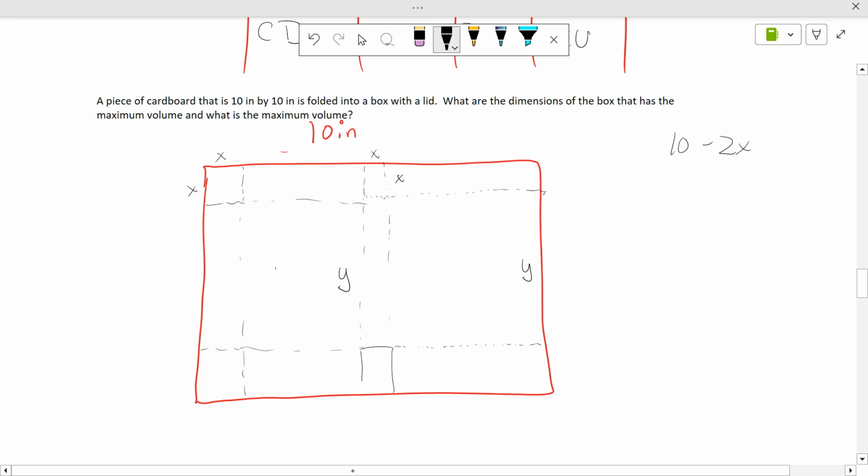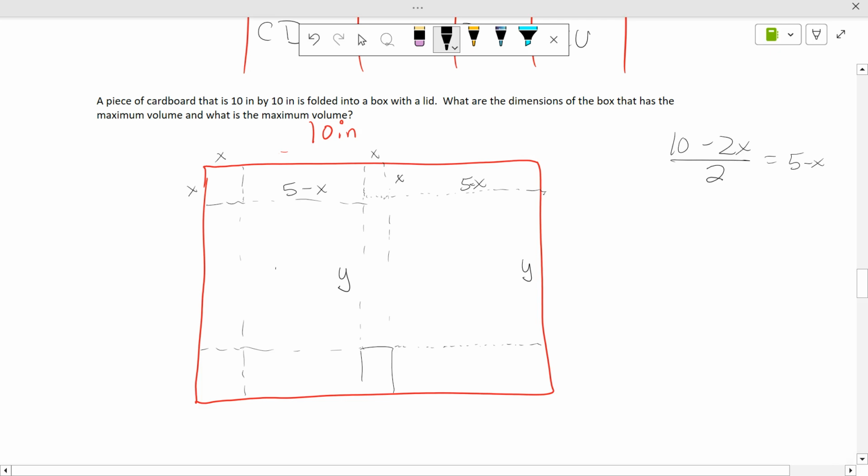Because we take out X there and X there, and there's two parts that are like that, so we're going to divide by 2. So each of those parts are 5 minus X. This is going to be 5 minus X, and this is going to be 5 minus X. Because we add them together, X plus 5 minus X plus X, plus 5 minus X is 10.